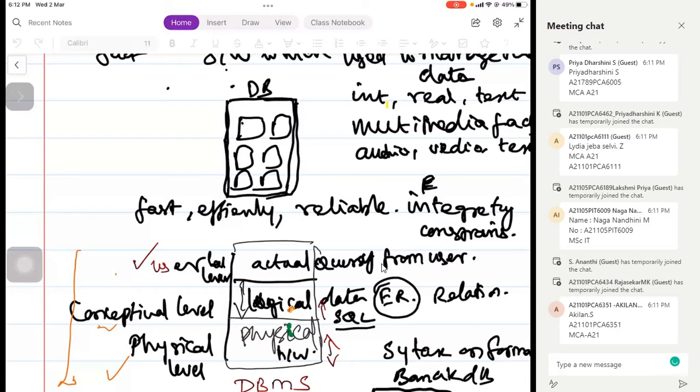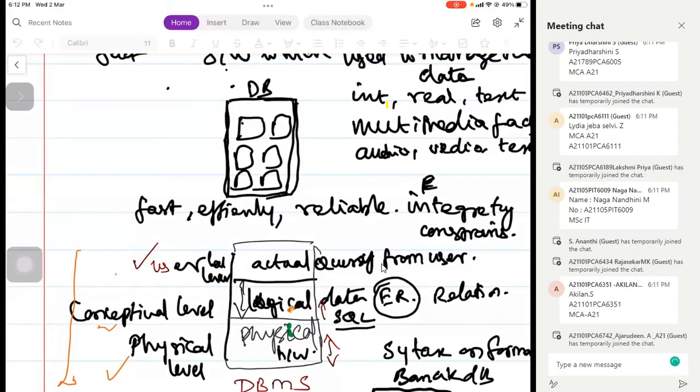You don't know what is happening behind it. Once you come for the payment, you just give your card and automatically it will be processed, your amount taken, and a message given to you.